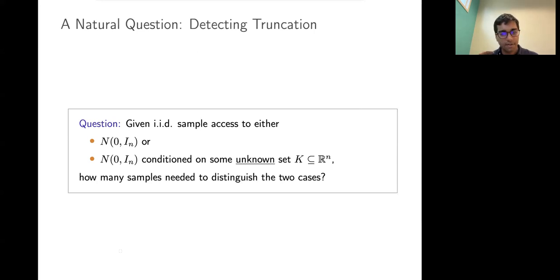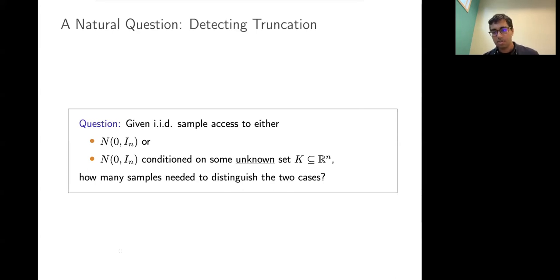You want to figure out how many samples you need to distinguish between these two cases. So you're promised that the distribution you're getting samples from is either the Gaussian or the Gaussian conditioned on some set, and you want to distinguish between these. This is a natural and clean question, but it's also ill-posed.